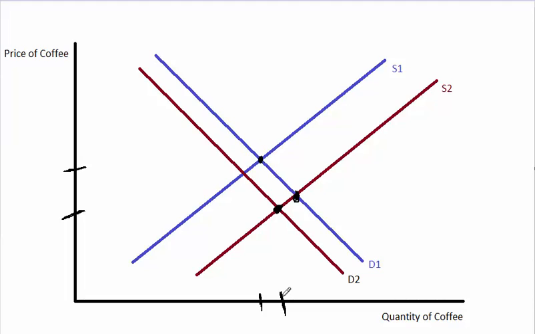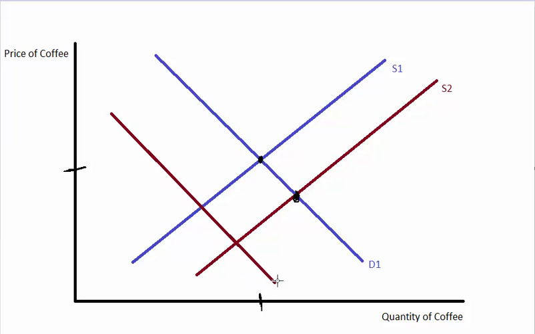But the quantity will not always increase, because say that instead, there's a huge drop in demand, and the demand shifts all the way down here. Okay, now they intersect here, and the price is still going to decrease, but now quantity decreased.